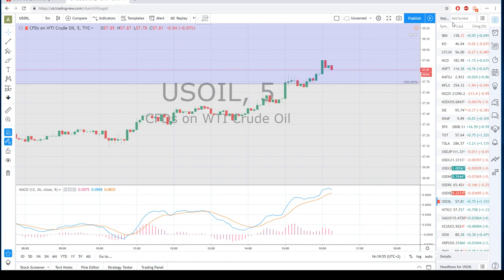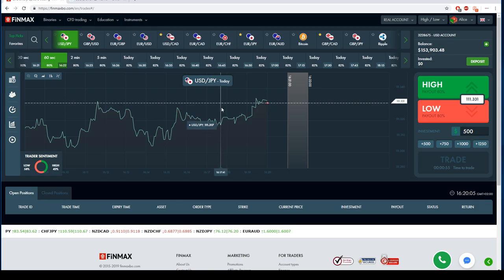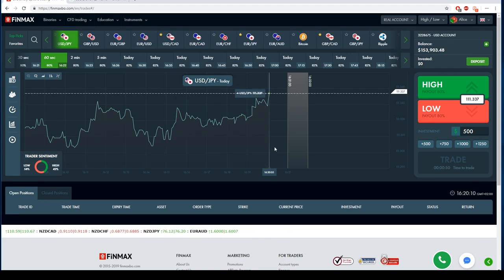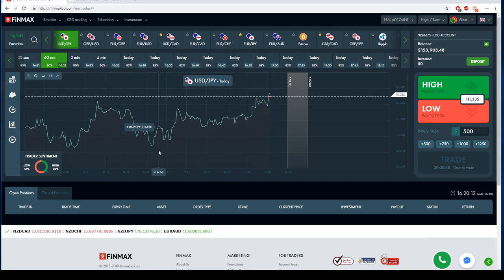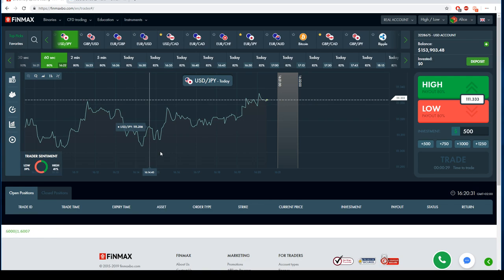Here, as usual, I'm using the TradingView platform for the chart analysis and the Finmax platform for binary options, and today the CFD platform is going to be added for the trading. About the fundamental factors that influence the market nowadays: first of all, the main push today is the new US sanctions that are going to be imposed on Venezuela and Iran.